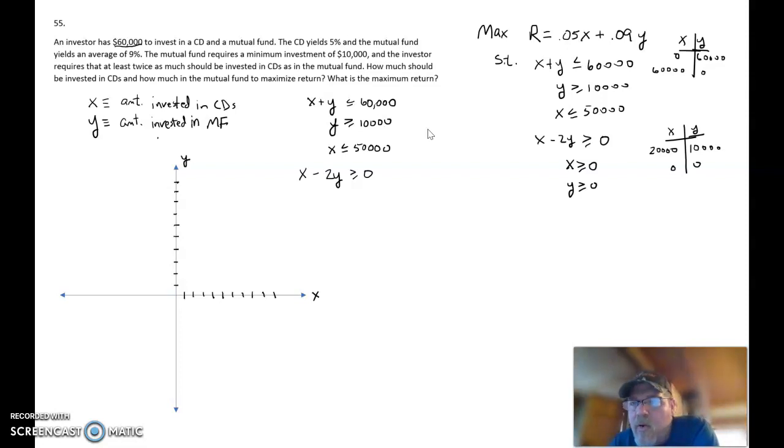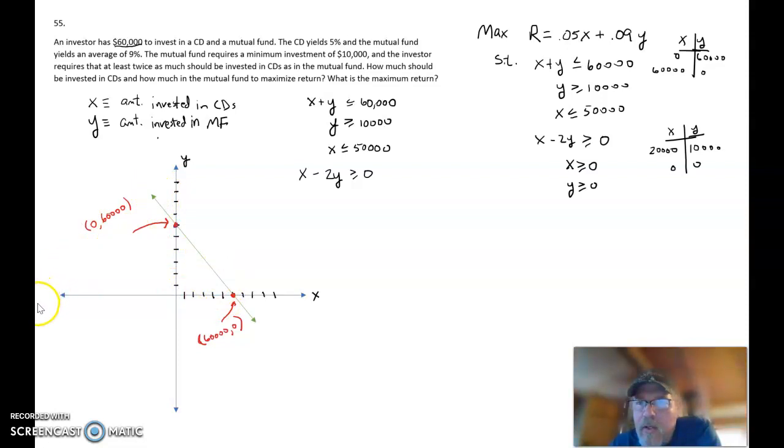I'm going to hit pause and graph the 0, 60,000, 60,000, 0, and the 20,000, 10,000, 0, 0, as well as the Y greater than or equal to 10,000, X less than or equal to 50,000. So here's the 0, 60,000 point and 60,000, 0, and the line that connects those two.